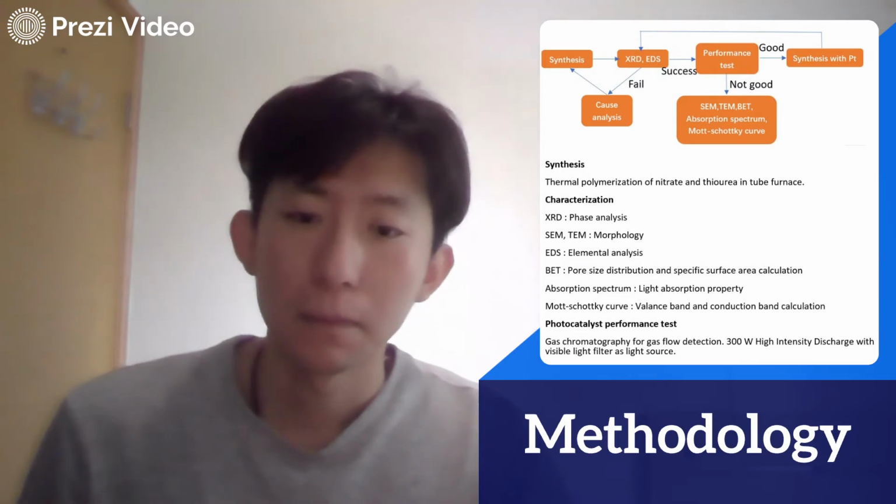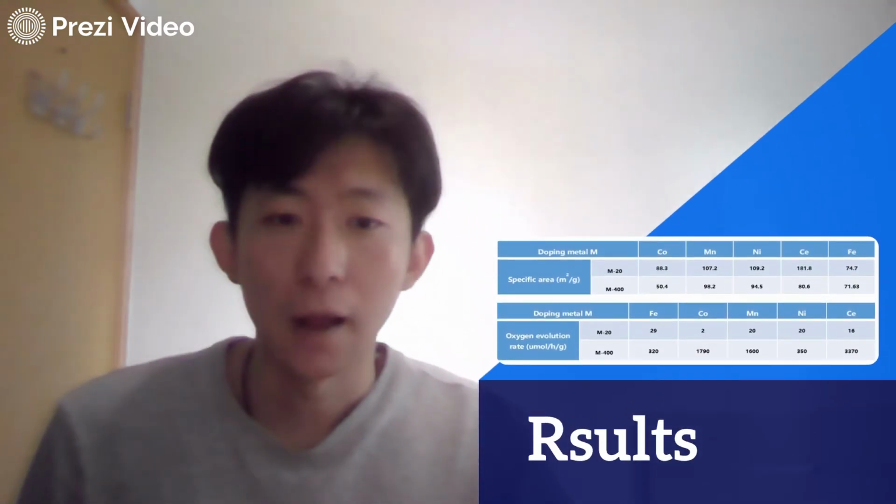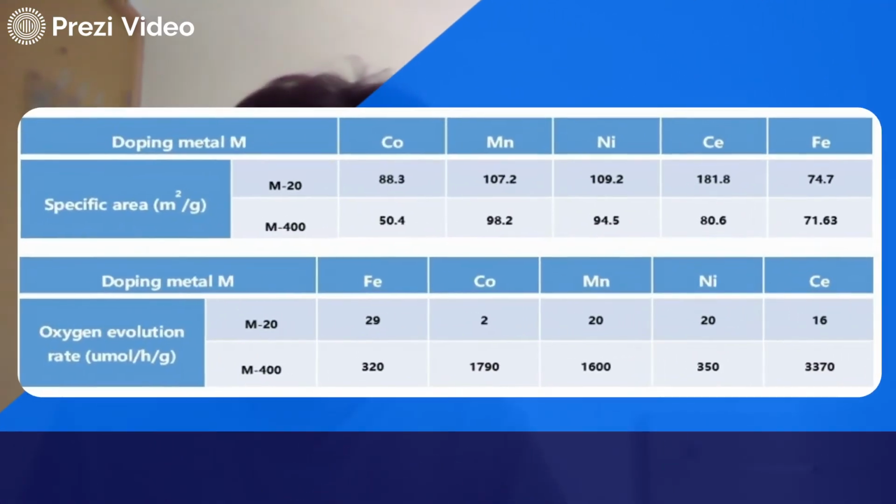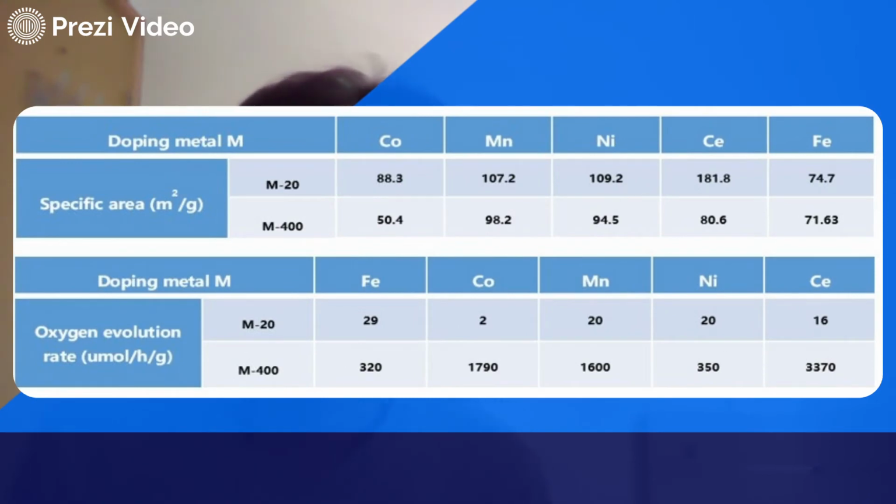As for results, M means different doping metal, and 20 and 400 are the amount of nitride used for synthesis. M20 is a low concentration doping, and M400 is a high concentration doping.